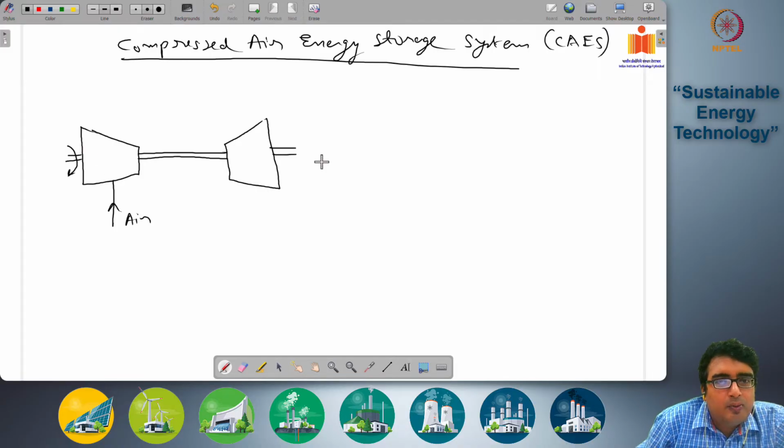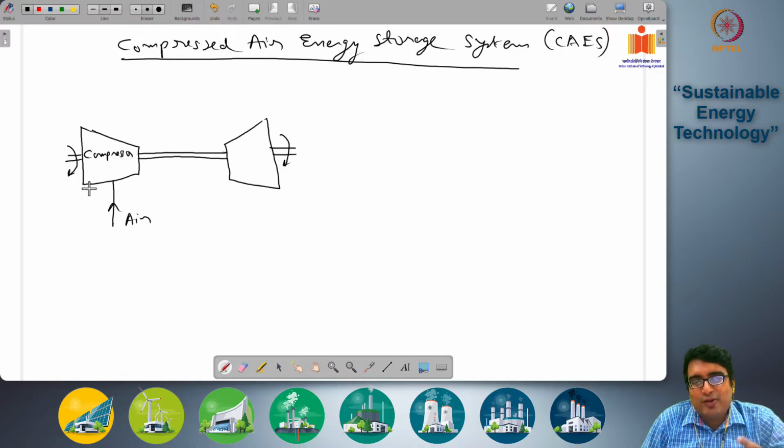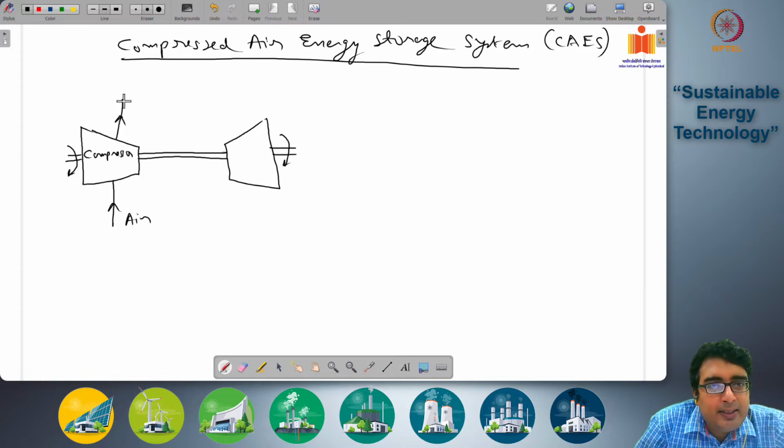And here we have a compressor. So the compressor is compressing this air, and compressed air is coming out of the compressor and is being transmitted into the combustion chamber.